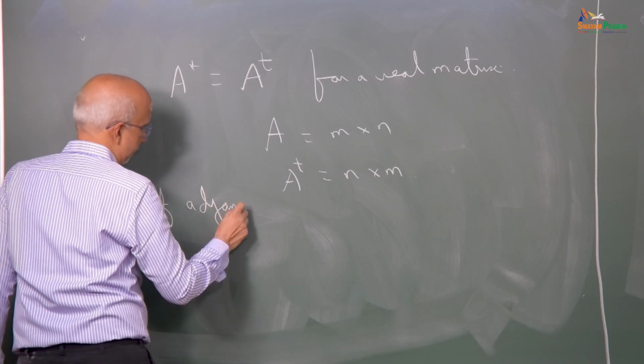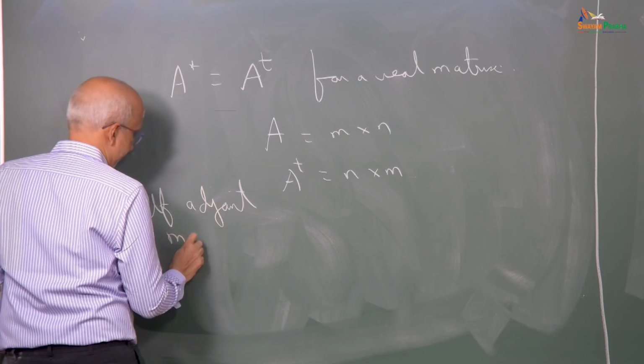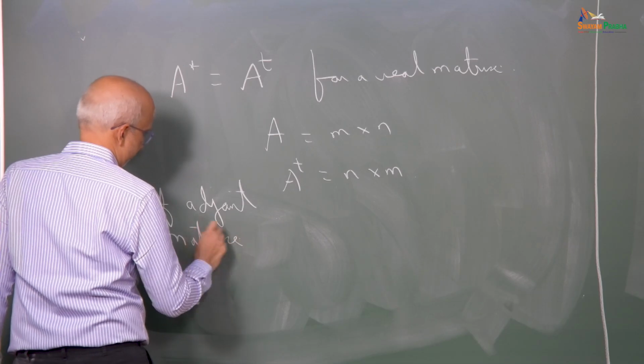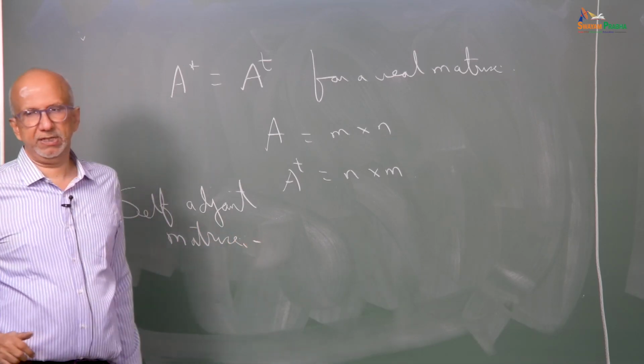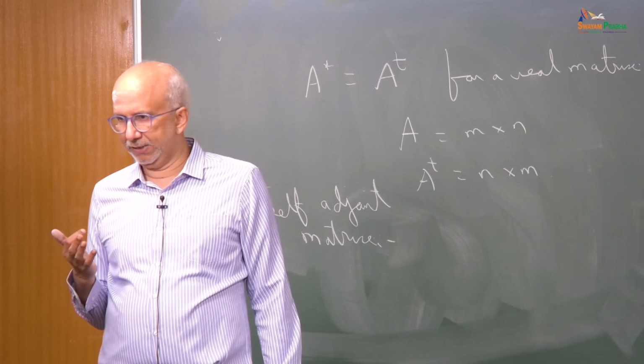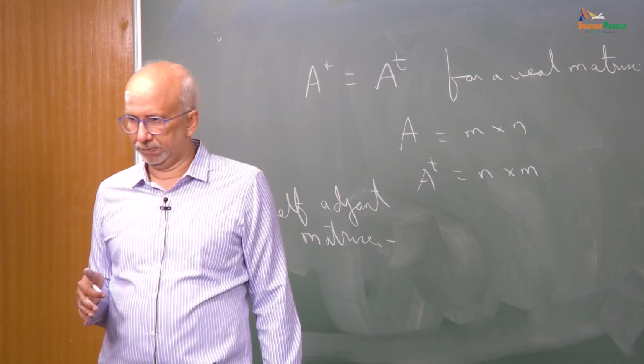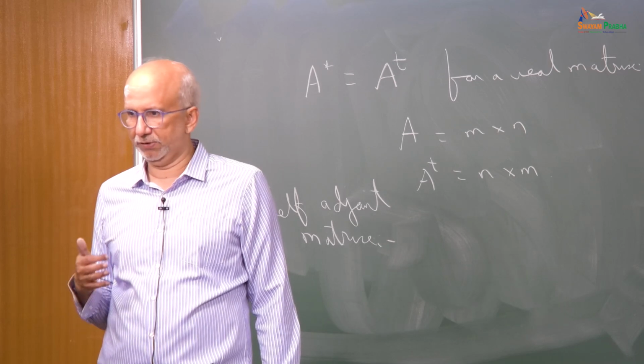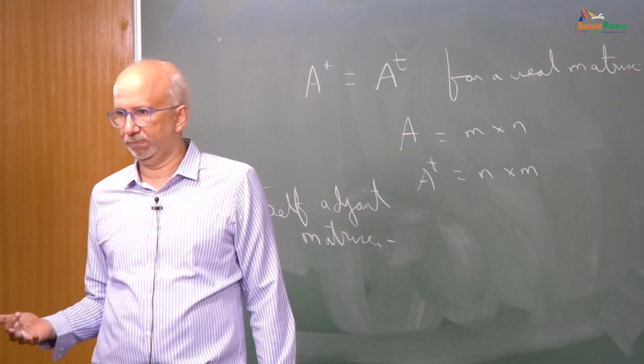Now, something called a self-adjoint matrix. What is the meaning of a self-adjoint matrix? It means the operator is the same as the adjoint. It is adjoint to itself, the operator and the adjoint are the same.